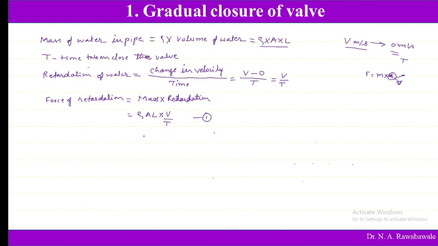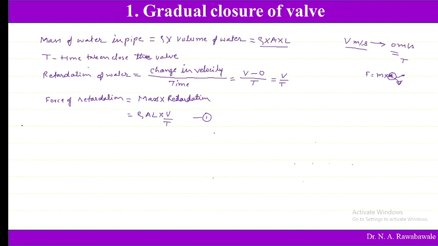Now, P is the pressure intensity of the pressure wave which is produced because of sudden closing of the valve. So there is a pressure wave developed in the pipe, and that pressure wave creates a force in the pipe. Therefore the force produced is given by pressure into area.